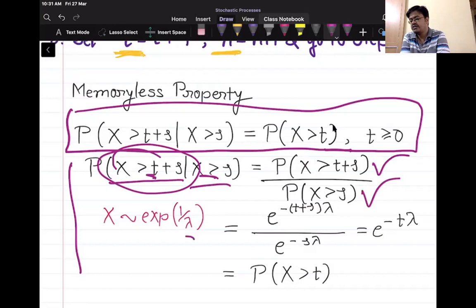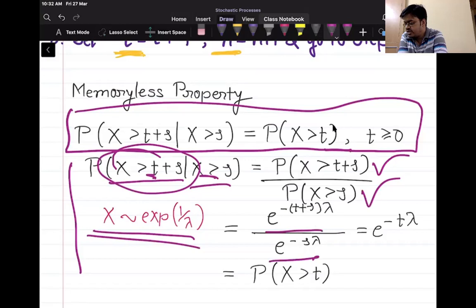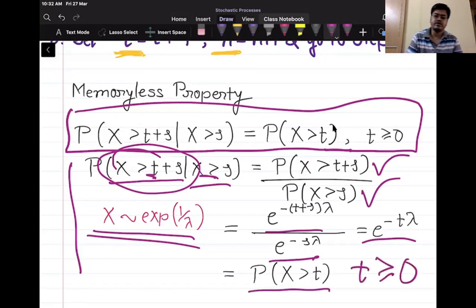Since I am dealing with an exponential random variable X, I have 1 minus the CDF, that is e raised to minus lambda times (t plus s) in the numerator, and the denominator is e raised to minus s lambda, which gives me e raised to minus lambda t, which is equal to the probability of X greater than t. For all t greater than or equal to 0, this condition is valid.